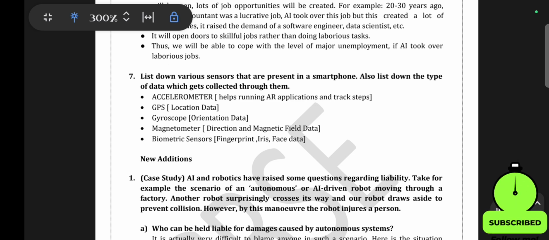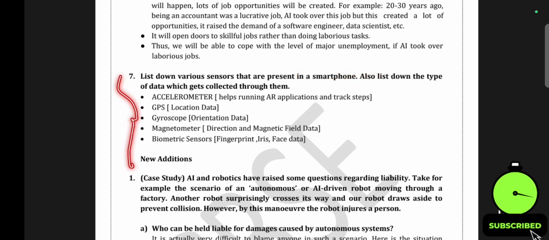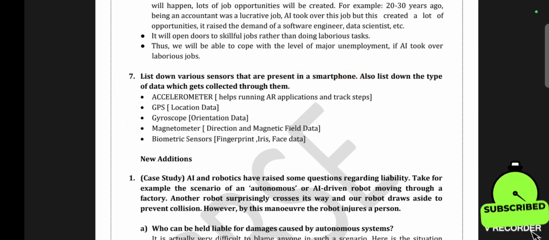Next question. List down various sensors that are present in a smartphone. Also list down the type of data which gets collected through them. So these are the various sensors present in a smartphone.